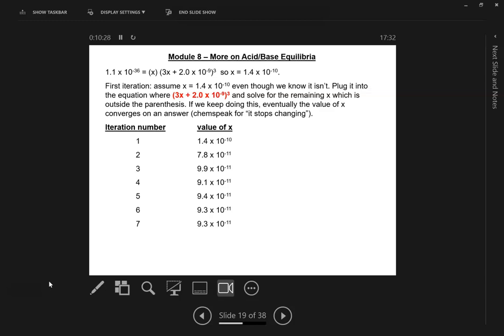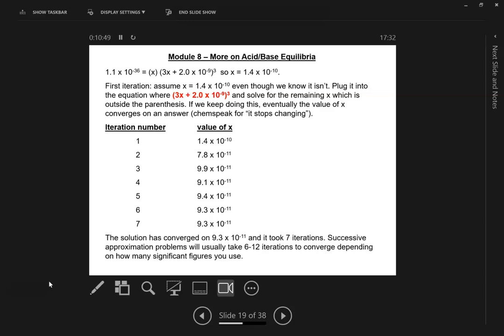I do it a seventh time, again, 9.3 times 10 to the minus 11th. So I now have my answer. In reality, it's not a whole lot different than my initial assumption, which was 14 times 10 to the minus 11th, but it gives us an accurate answer.